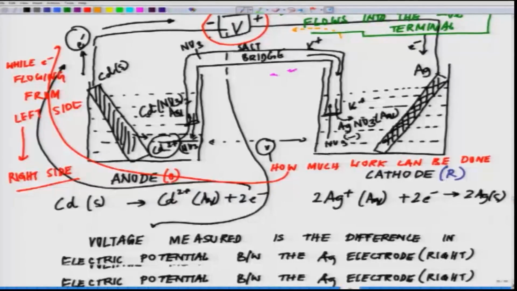Just for your practical interest, whenever you come across any of these things, there are certain color codings which are used pretty frequently. You will see a black color and a red color on much of these potentiometers if you look around.